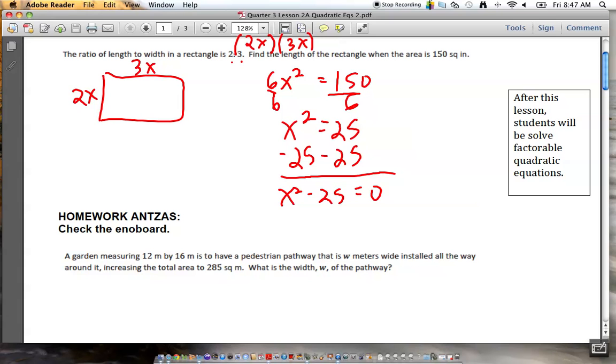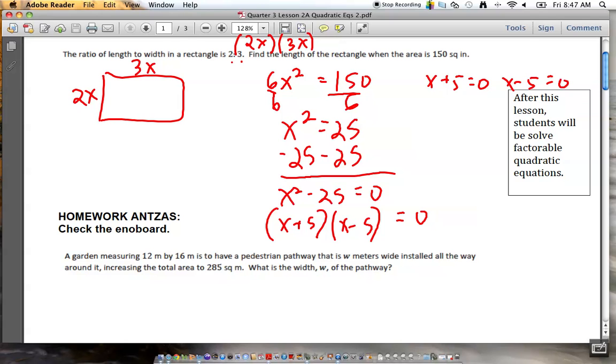Now, this is a difference of two perfect squares. How do I factor this? Square root it. Yeah, double square roots, right? So this is going to be x plus 5, x minus 5. It's as if there's 0 x's in the middle, right? We did a bunch of these last few days. We didn't do any yesterday, but we did the last few days. All right, so maybe it's the guy on the left.